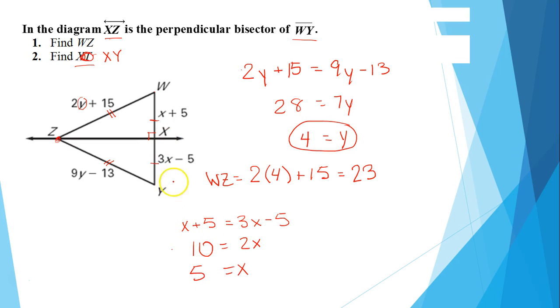Now, if we plug what we found for x back into here, we will know what XY is equal to. So XY is equal to 3 times 5 minus 5. That's 15 minus 5, so 10. And we're done with that one.